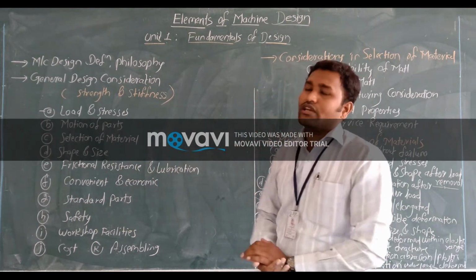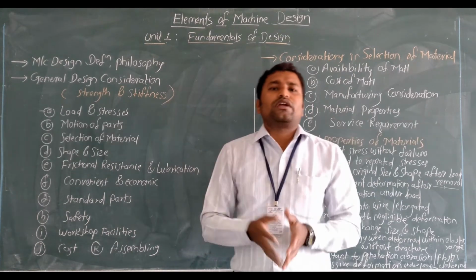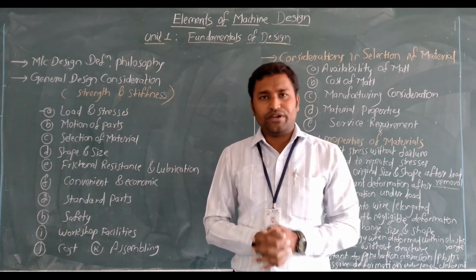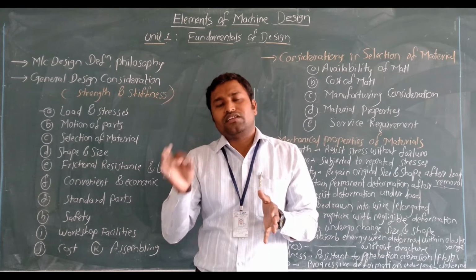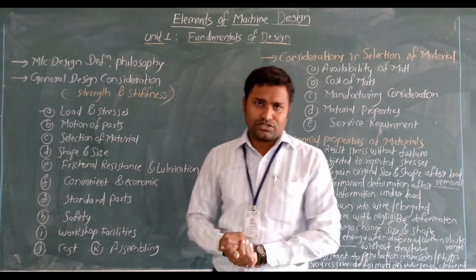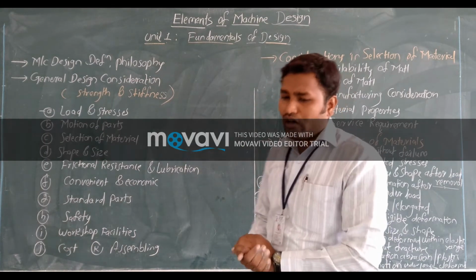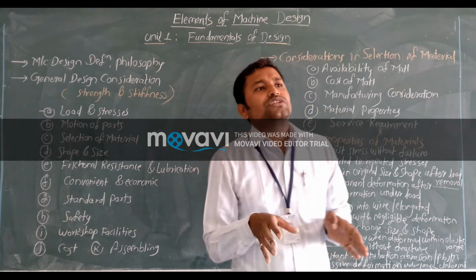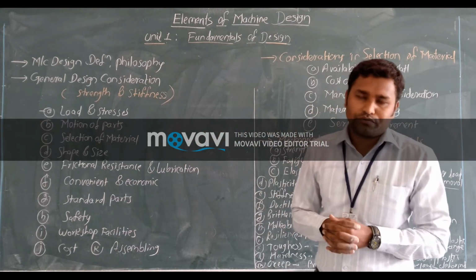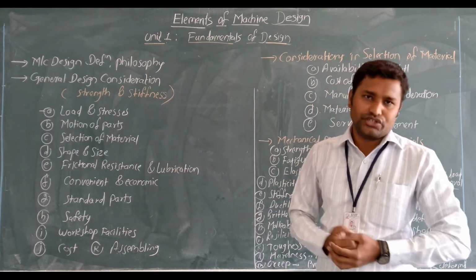Next, safety. After designing such a type of component or any type of machine element, the safety in operation is considered. Okay. The next, workshop facilities. All components should be manufactured in only one workshop, so this factor is also considered.